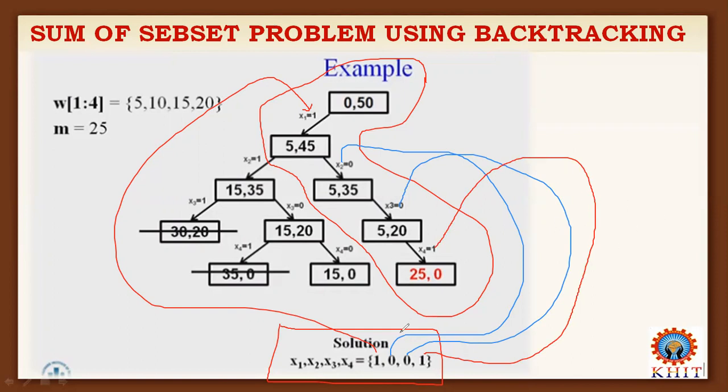So we will get the solution, total size m is 25. M equal to 25. This is one solution which can be generated from the given graph of the sum of subset problem.